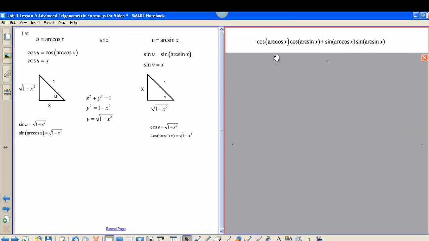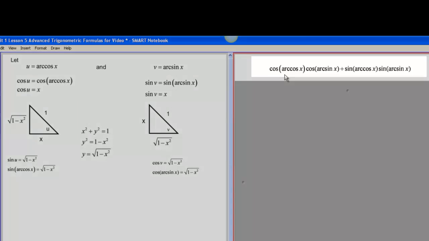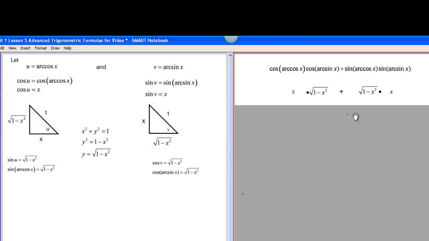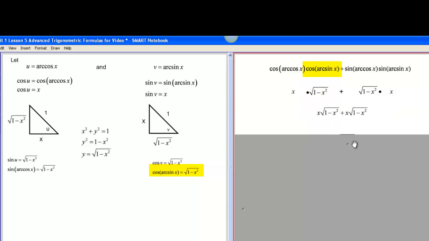So let's go back. I have the cosine of the arc cosine of x times the cosine of the arc sine of x plus sine arc cosine of x sine arc sine of x. What I was able to do is remind myself that the cosine of the arc cosine of x is x, the sine of the arc sine of x is x, but I was able to substitute in the cosine of the arc sine of x equals the square root of 1 minus x squared, and then substitute that same expression in for the sine of the arc cosine of x.